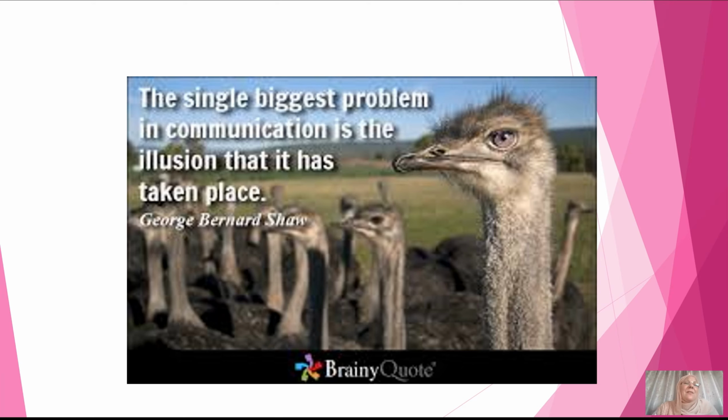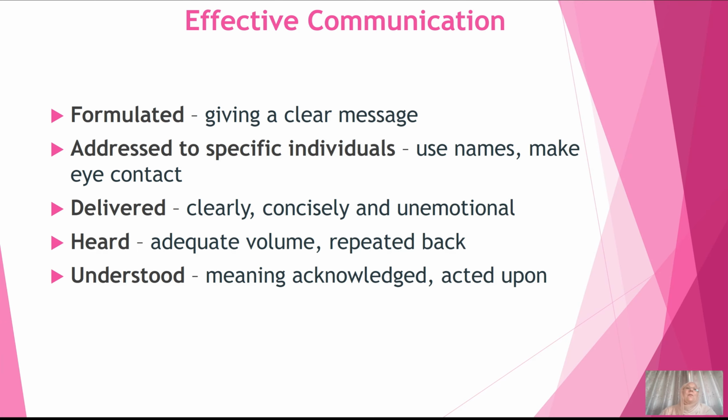They might not have taken on board what you have said, or even recognized what you have said in the situation. Okay, so this is something very important, and therefore effective communication has to be clearly formulated.